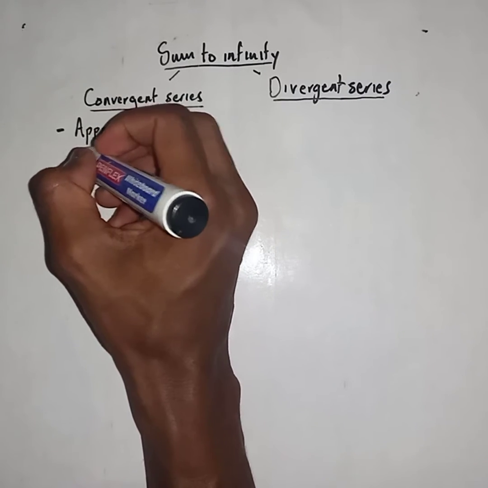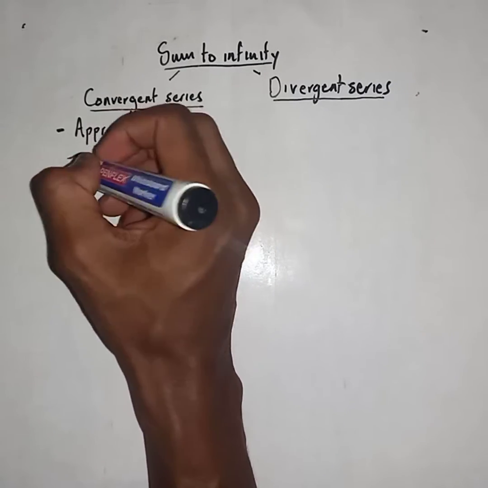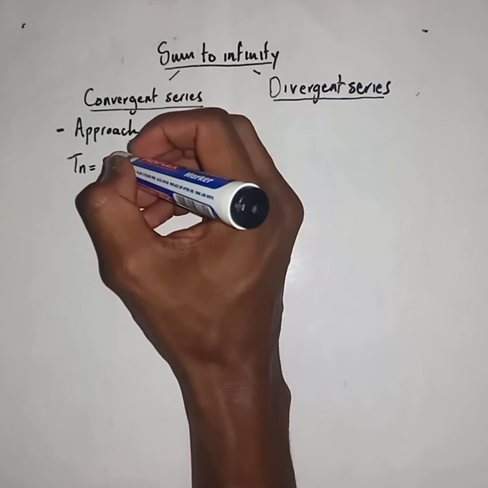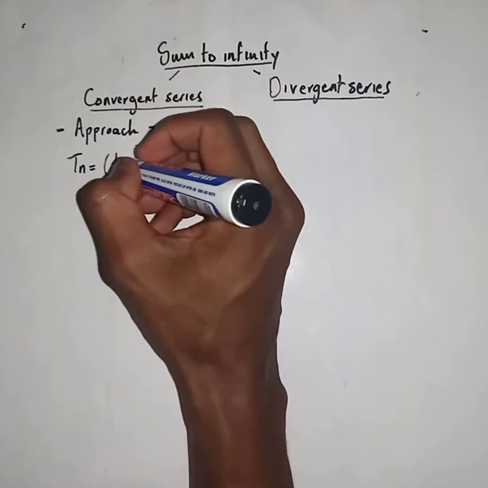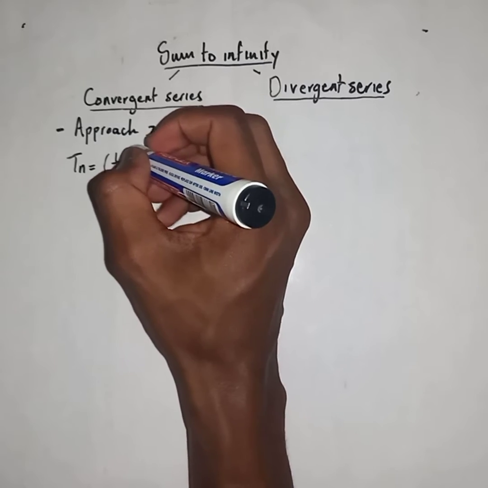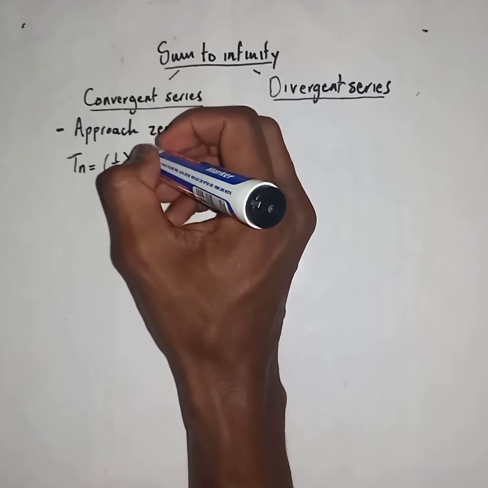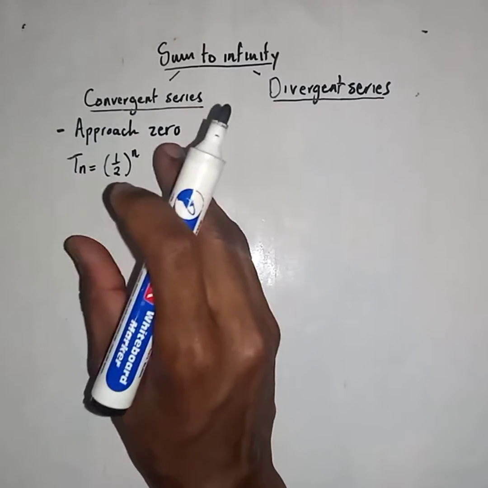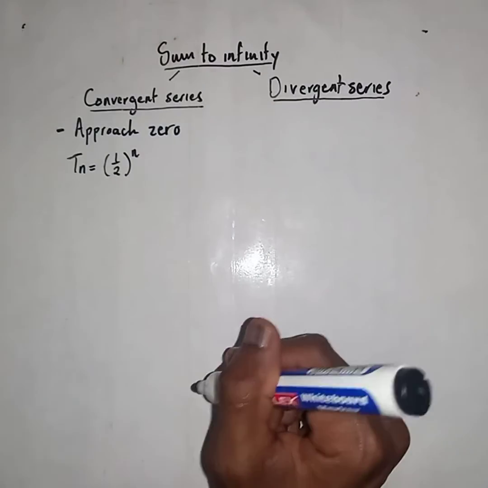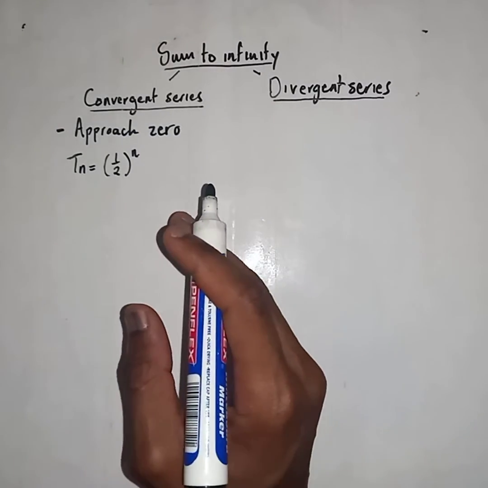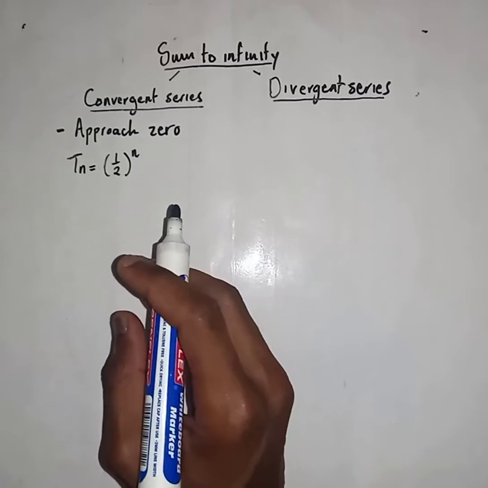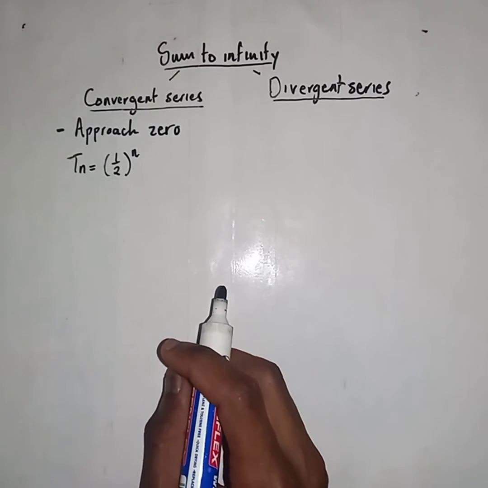Let's say we have a general formula of 1 over 2 to the power n, and I ask you to figure out the series for this given general formula.